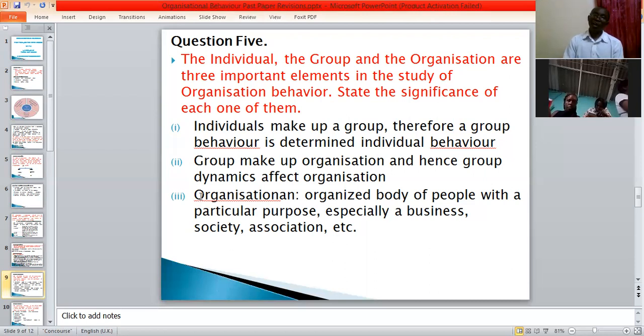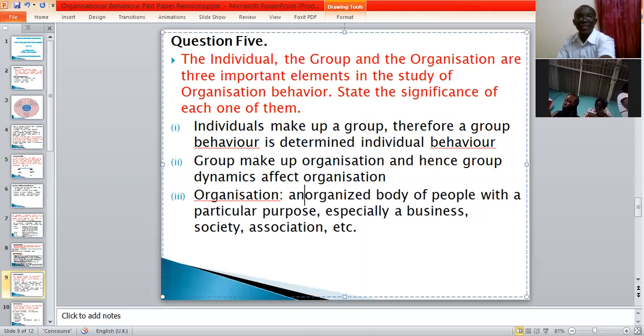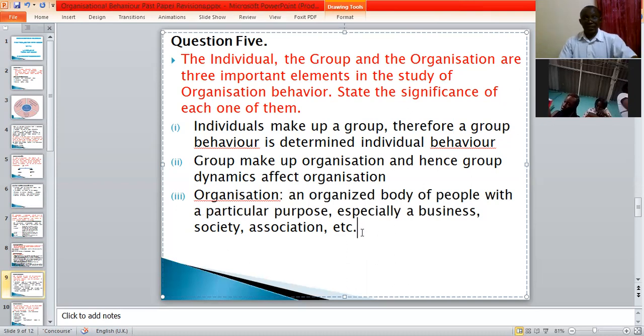Then finally, the organization itself. You have to understand that now the organization is the body itself that you are studying. So there cannot be a study of organization behavior if there are no organizations.